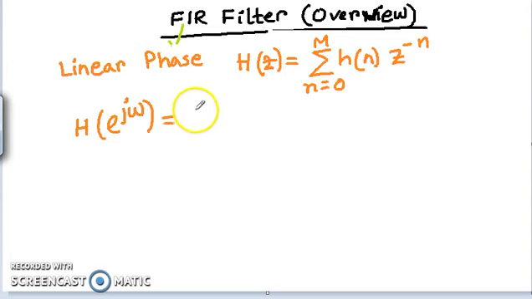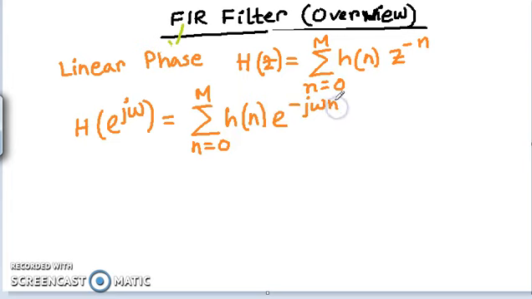It will be equal to summation of n equal to 0 to M, h(n) e to the power minus j omega n, right? So this is the Fourier transform of this impulse response h(n).